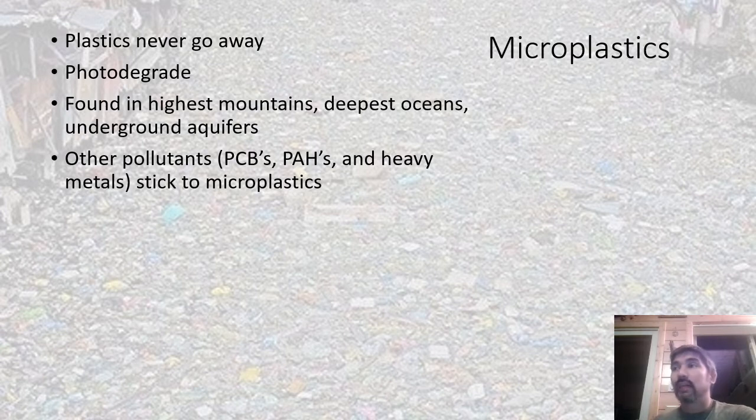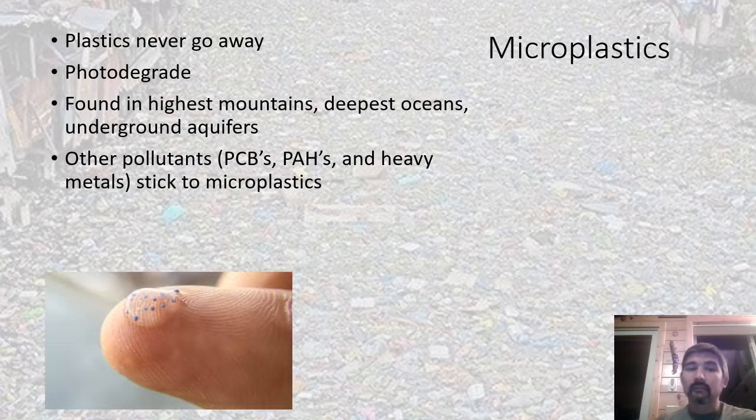In addition to that, microplastics are not only bad in and of themselves, but they're worse because other pollutants and other carcinogens, which are cancer-causing agents like PCBs, PAHs and heavy metals, can stick to these microplastics. This is an image of microplastics on someone's finger, and this is not as small as microplastics get.